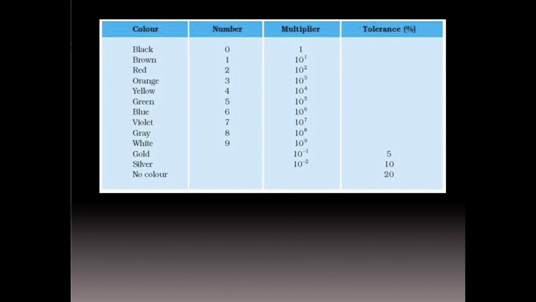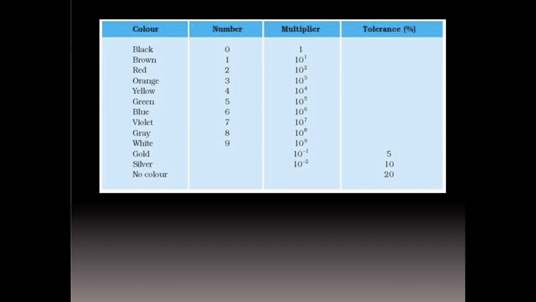In this table we have 4 columns: one column is for color, second is for number, third is for multiplier, and the next is for tolerance. In the first column we have different colors, arranged number-wise as 0, 1, 2, 3, 4, 5, 6, 7, 8 and 9.